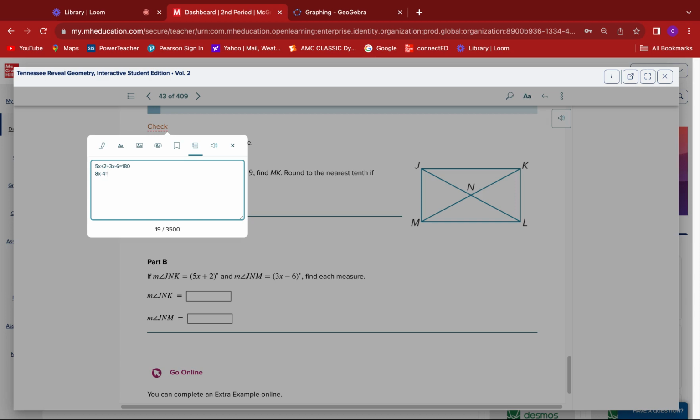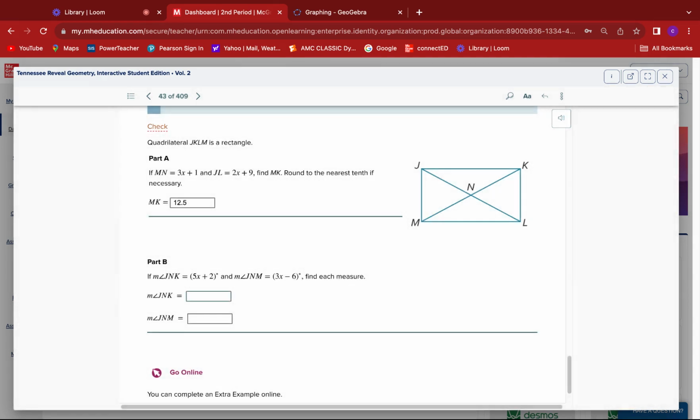Or you can just put minus 4 equals 180. All right, the opposite of subtracting 4 is to add 4. So I'm going to add 4 to the other side and get 184. And the opposite of multiplying is to divide. So we're going to divide by 8. And you get 23. All right, guys, this is the number you're going to plug and chug.